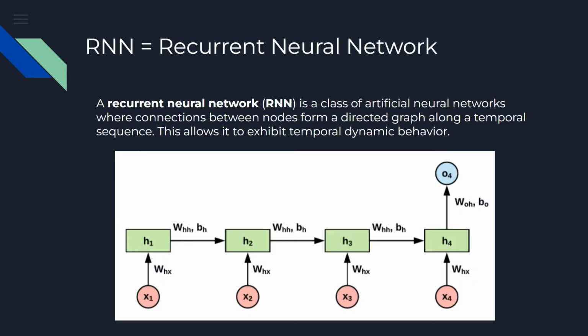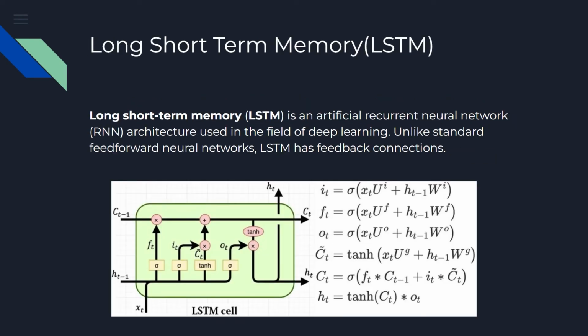Next slide. In this project we have used a recurrent neural network. Basically, a recurrent neural network is a part of artificial intelligence which focuses on the pattern of previous values and predicts the future value. In this project we have mainly used LSTM, which is a part of recurrent neural networks.